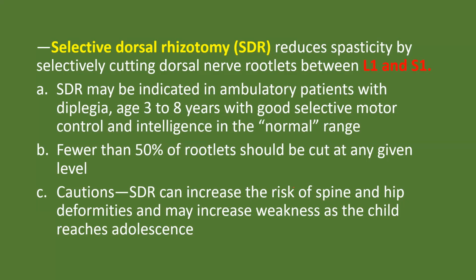Fewer than 50% of the rootlets should be cut at any given level. One should be cautious because it can increase the risk of spine and hip deformities and may increase weakness as the child reaches adolescence.